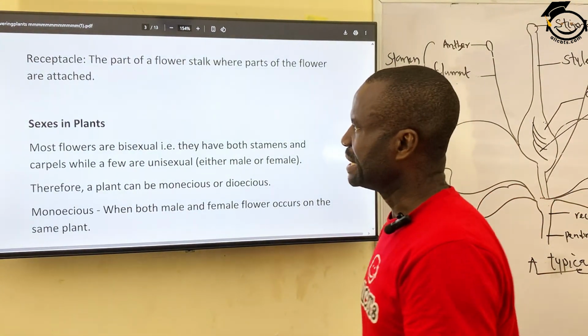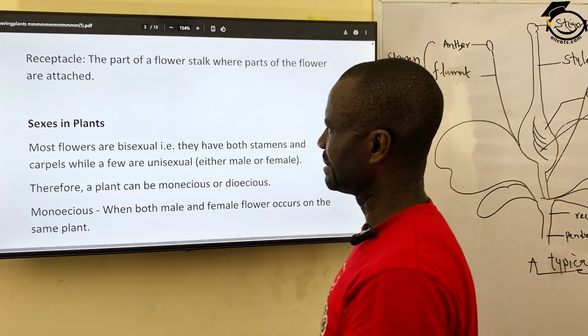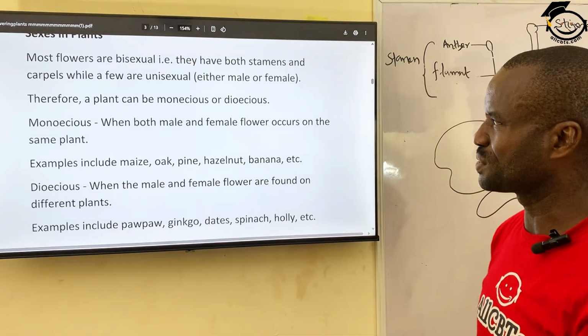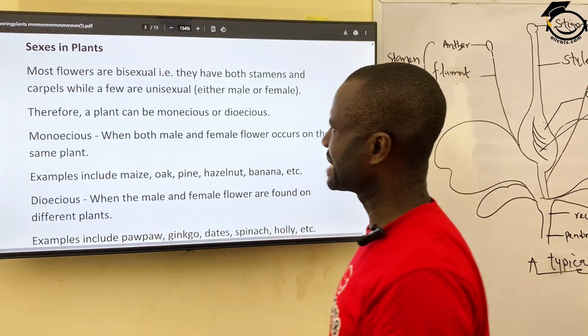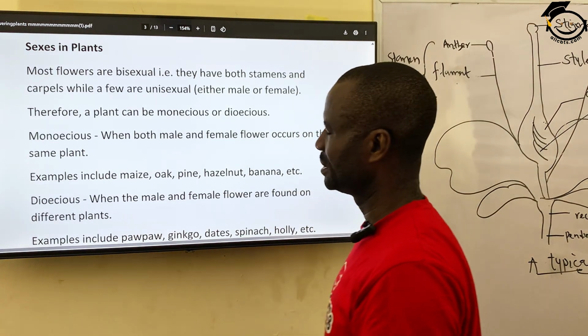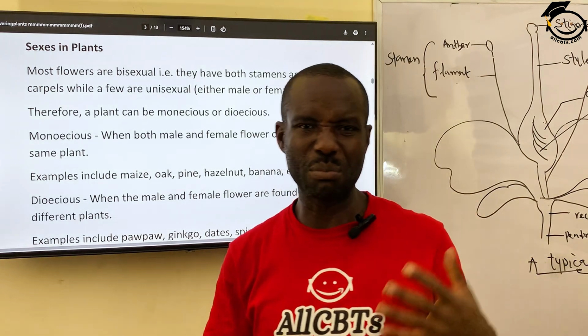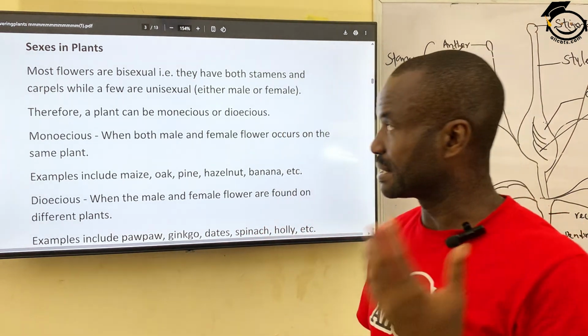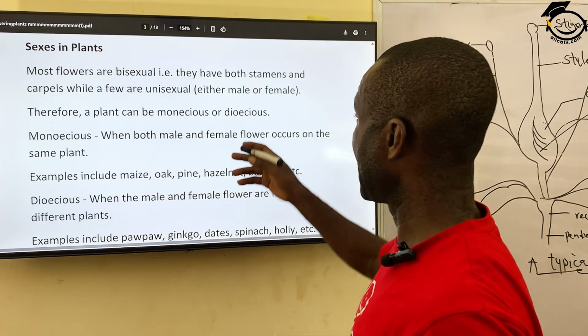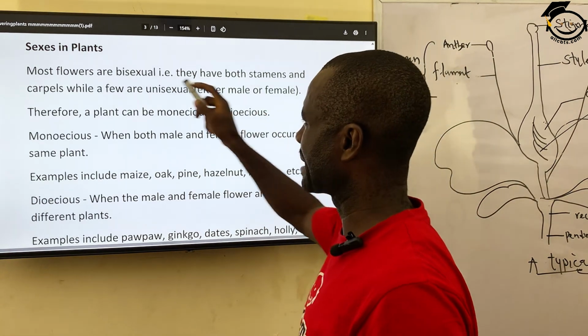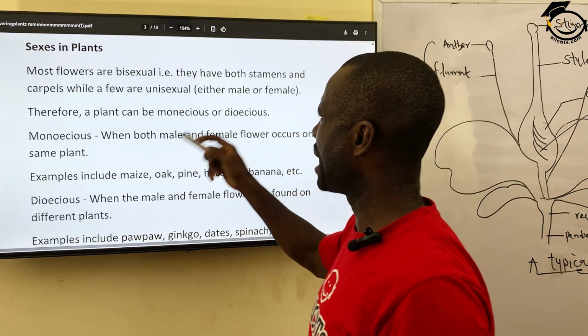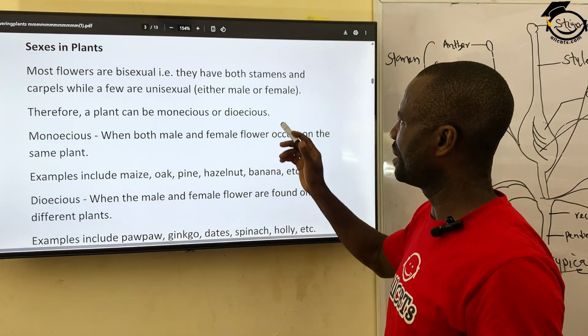Then the sexes in plants. We have said we have two sexes in plants. Most plants are bisexual, meaning it is possible for a plant to have both male and female sex cells. They have both stamen and carpel, while a few are unisexual, either male or female.